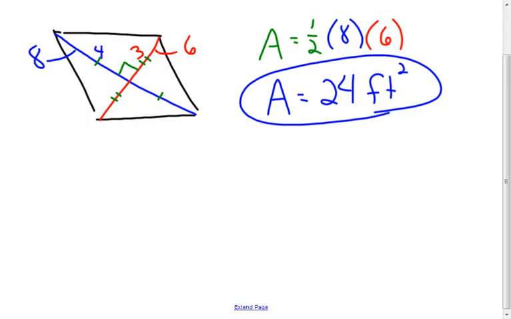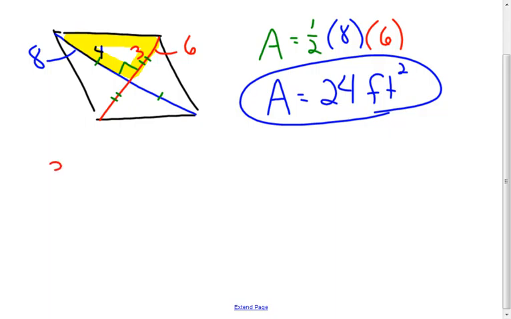Now I have a right triangle. And I'll show you that right triangle right here. I have a right triangle, I know 2 sides of it. I can find the 3rd side using the Pythagorean theorem. I'm going to do a squared plus b squared equal to c squared. I'm going to make this color coordinated.